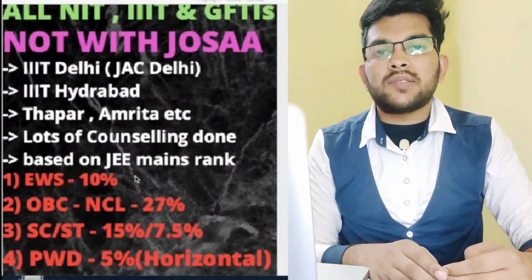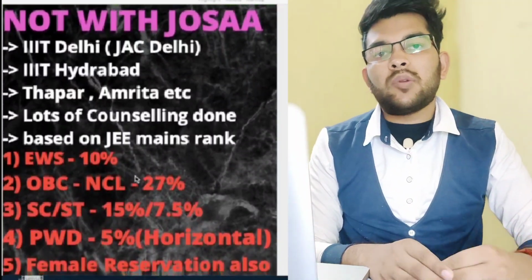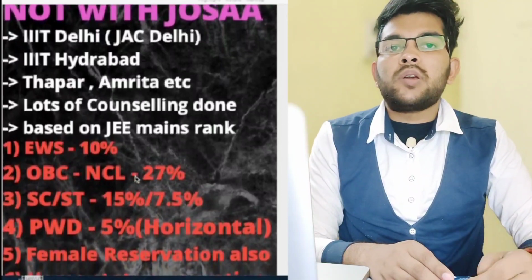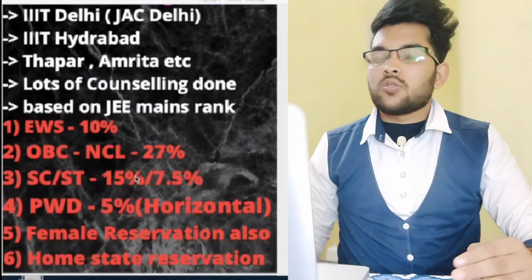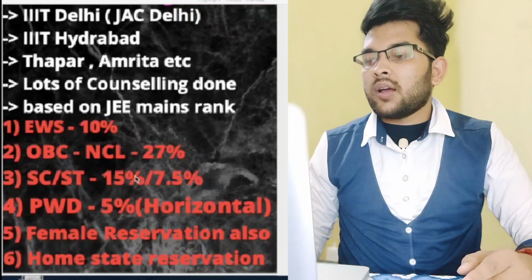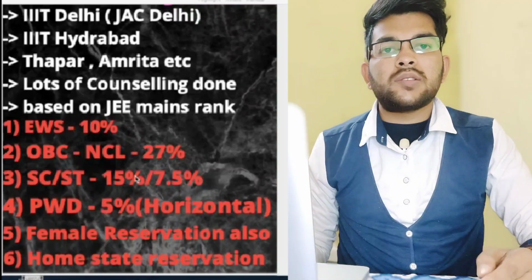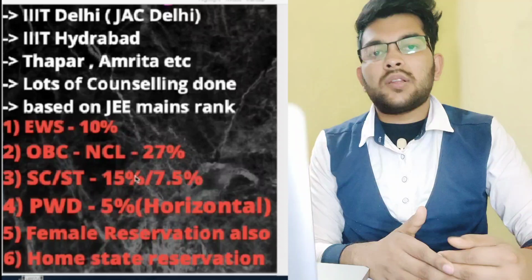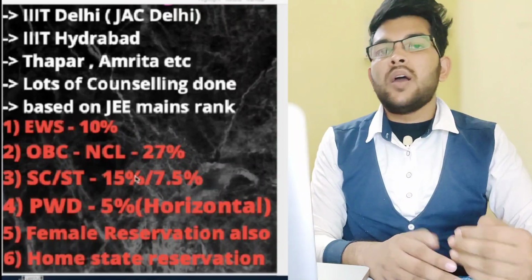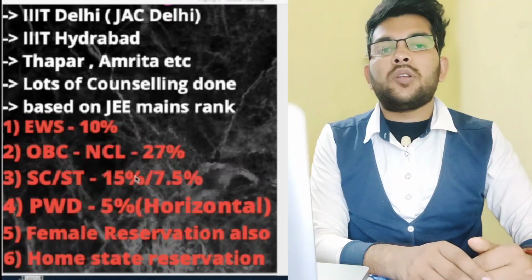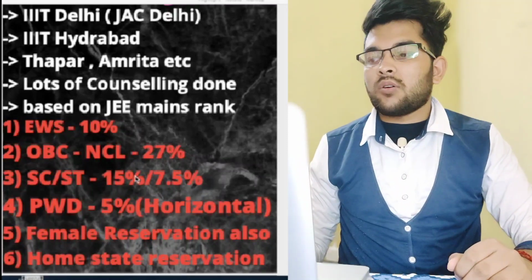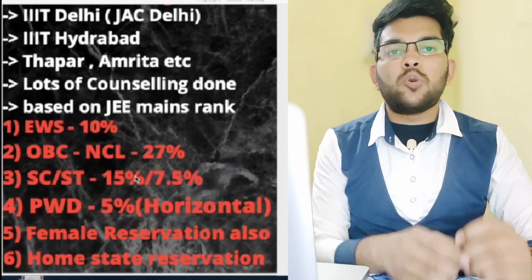Suppose you are an SC PWD candidate, then there will be 5% reservation for PWD candidates from the seats of the SC category, that is from the 15%. It is similar for other categories as well. There will be female reservation also, because if you check the last year cutoff of JOSAA counseling, there is a separate cutoff for female and male candidates for the same college. And there is home state reservation, which is the most beneficial thing.